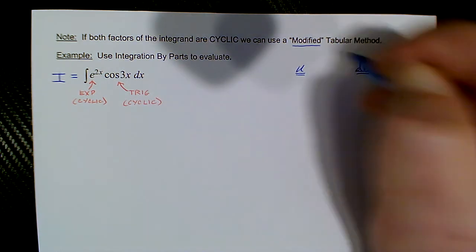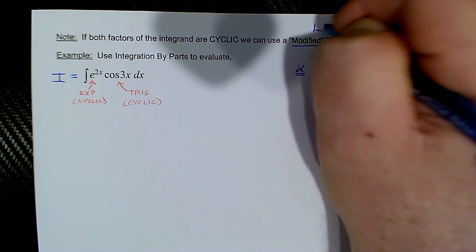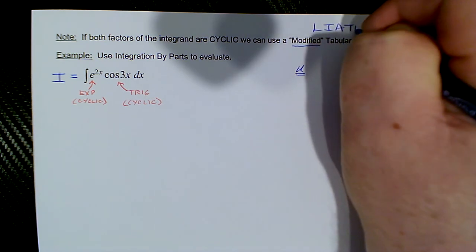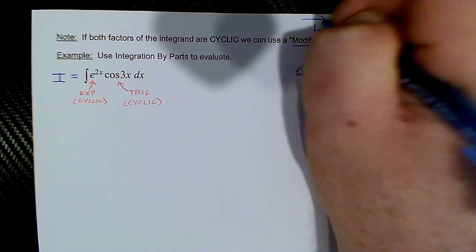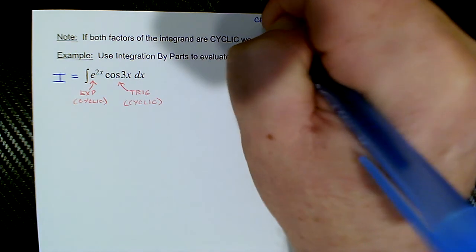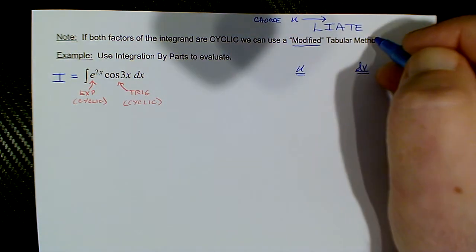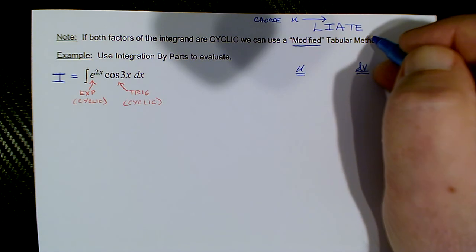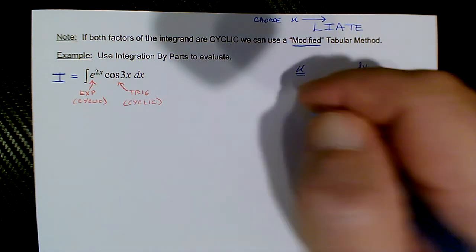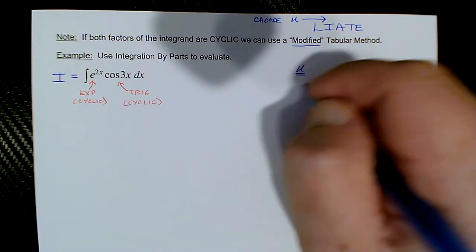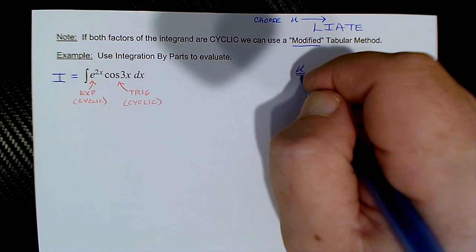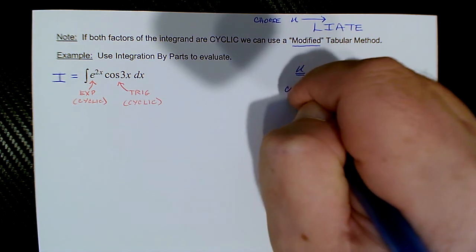Now, you'll never be able to differentiate cosine to be 0. It just keeps bouncing back and forth between sine and cosine. But as we said, 2 applications of integration by parts should bring back this original integral. So therefore, the reason I'm calling it modified is because we're only going to differentiate twice and integrate twice.